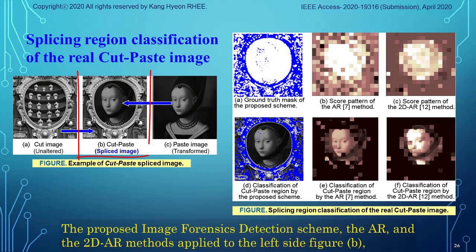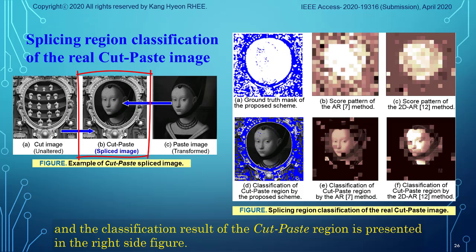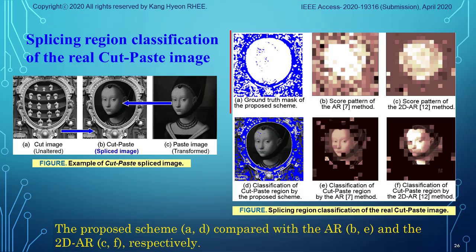The proposed image forensics detection scheme, the AR, and the 2D AR methods are applied to the left side figure B. And the classification result of the cut-paste region is presented in the right side figure. The proposed scheme A, D is compared with the AR B, E and the 2D AR C, F, respectively.